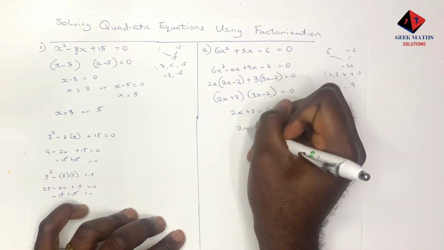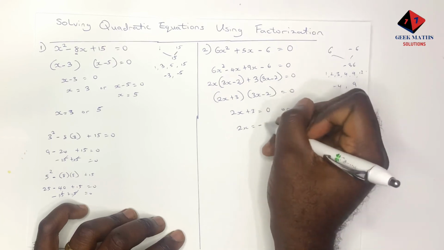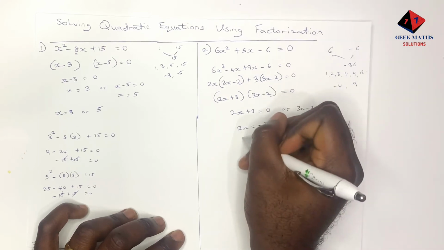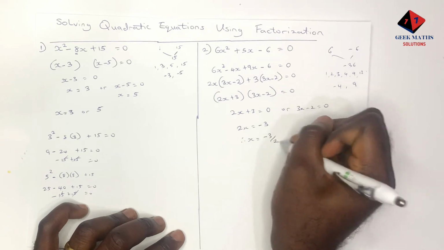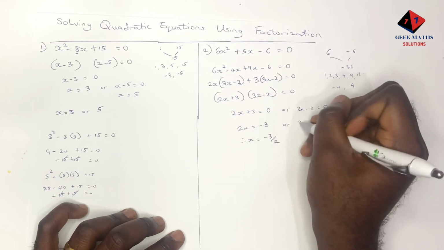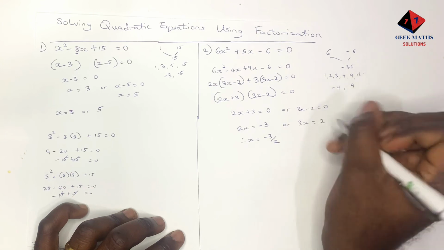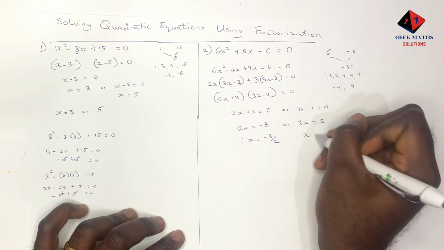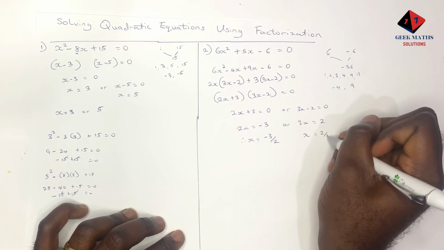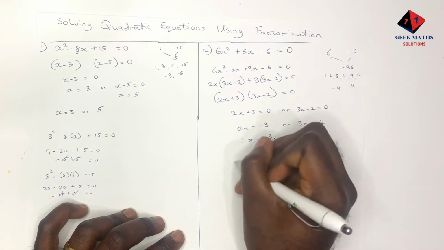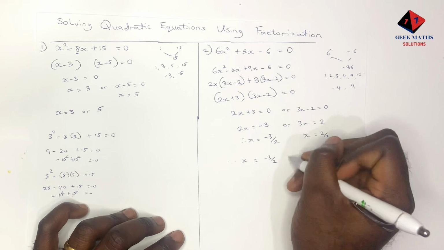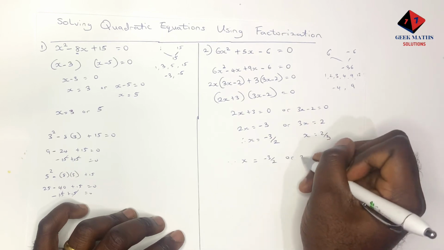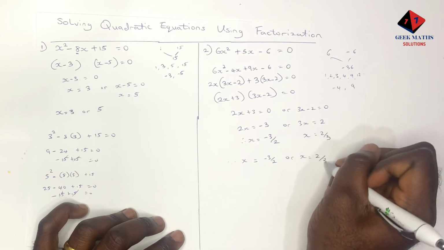So 2x will be negative 3, therefore x will be negative 3 over 2, or 3x is equal to 2, then x is equal to 2 over 3. So our answer for this equation: x is equal to negative 3 over 2, or x is equal to 2 over 3.